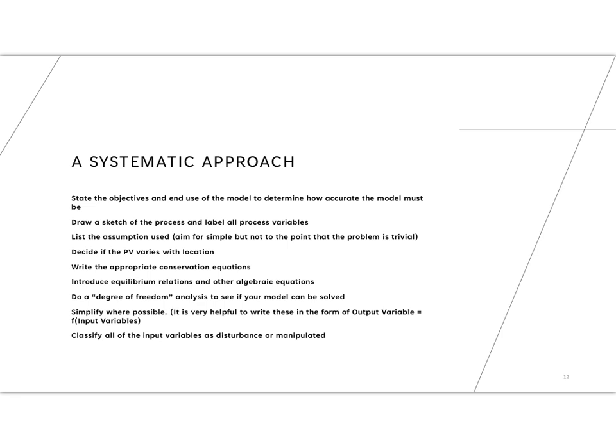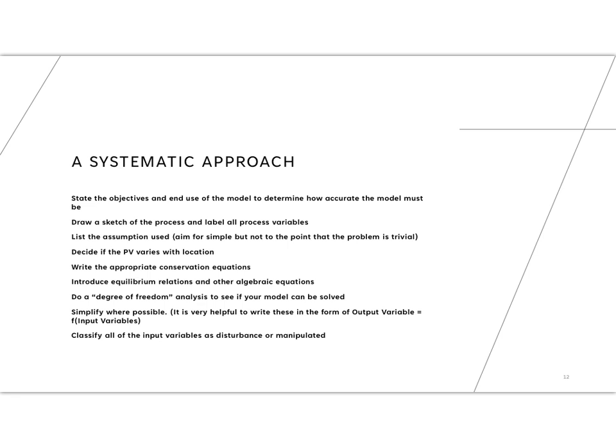So, state your objectives and your end use of your model so that you can determine how accurate the model needs to be. Don't put a lot of extra effort in that's not necessary, right? And sometimes seeing that written out will help remind you as you get kind of into the weeds of doing the model of whether or not something is truly worth it.